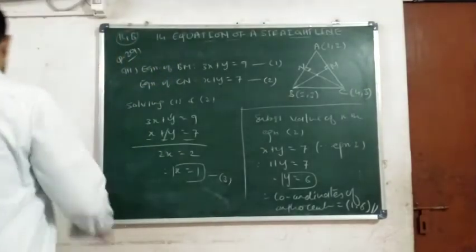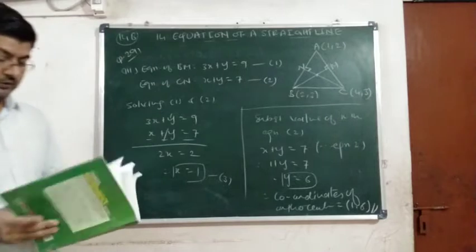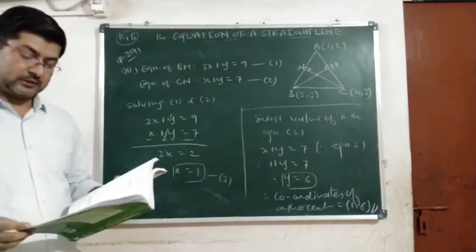This is the third and the final answer. We got the coordinates of orthocenter G to be 1, 6.